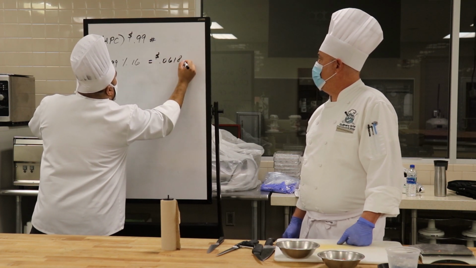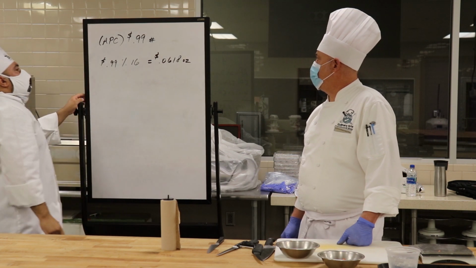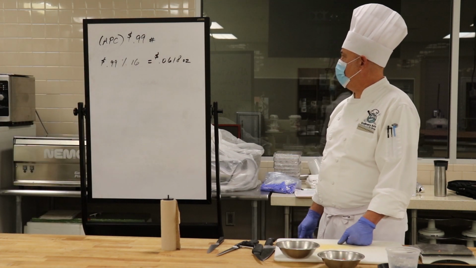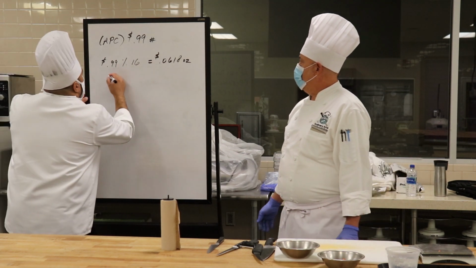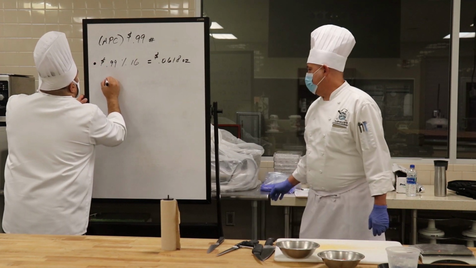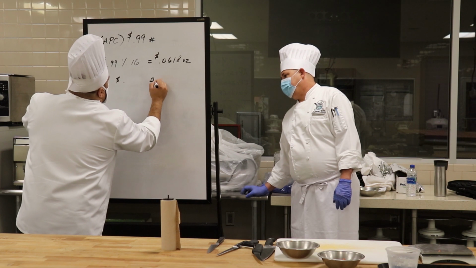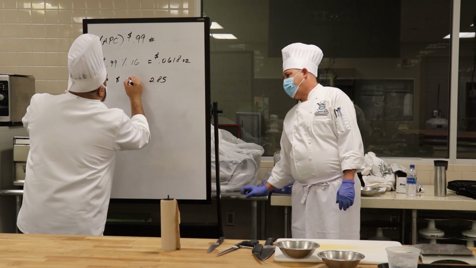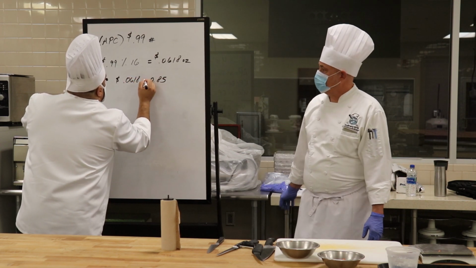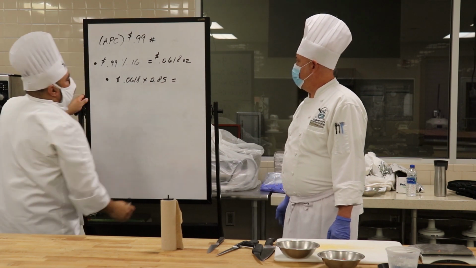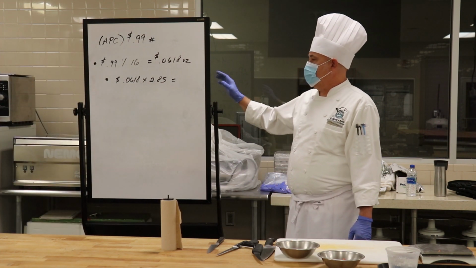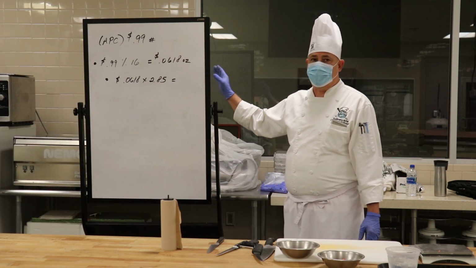So 6.18 cents per ounce, and we're going to multiply that by, what was the AP, 2.85. And that is going to give you the AP cost, or the APC.